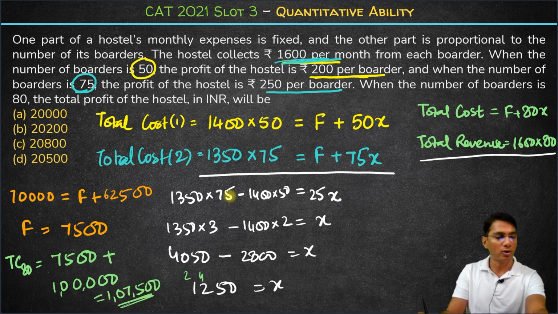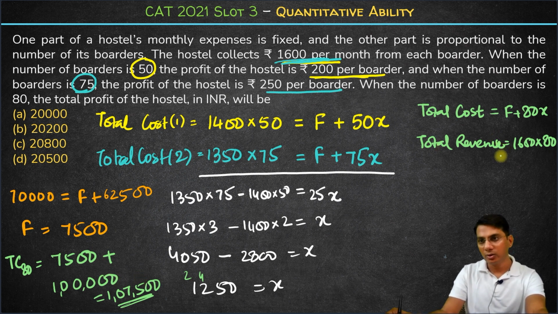This is the total cost for 80 students, and the total revenue will be 1600 into 80. So 8 6s are 48, 1,28,000. This is the total revenue.